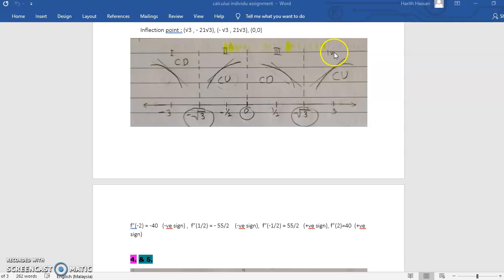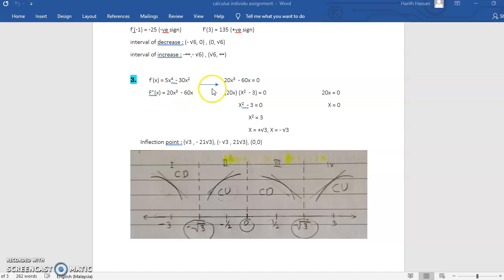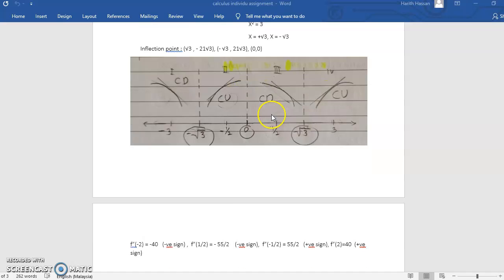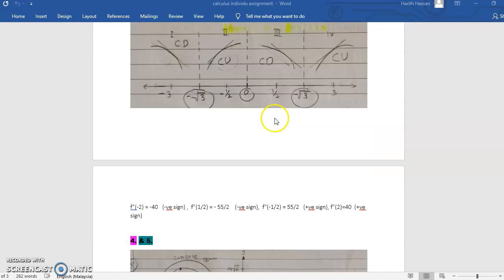And lastly, I plug 2 into this equation. So it will be a positive sign, then it will be like this, concave up.